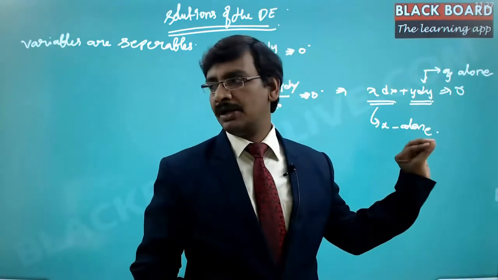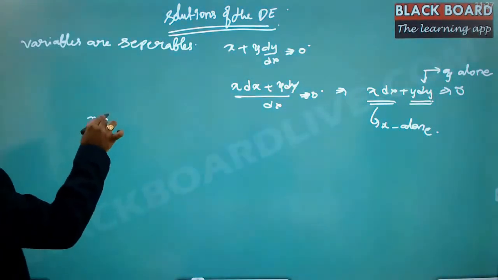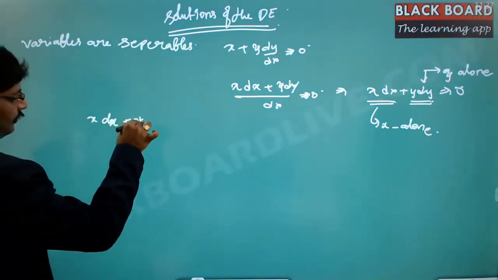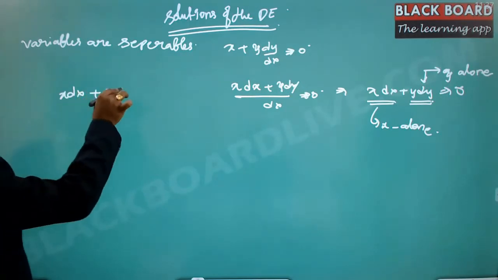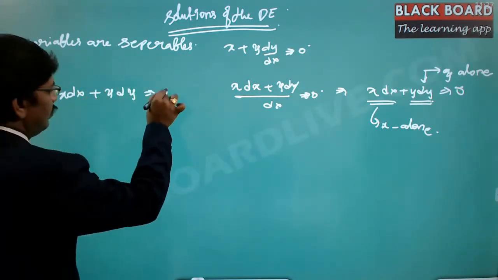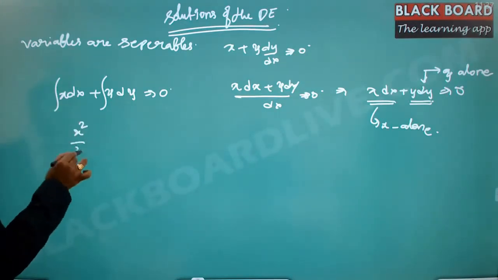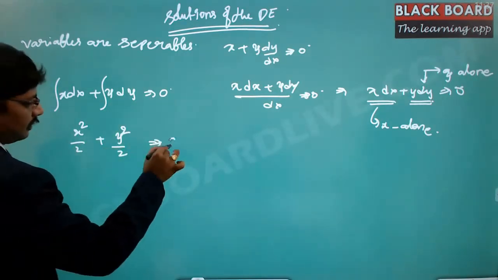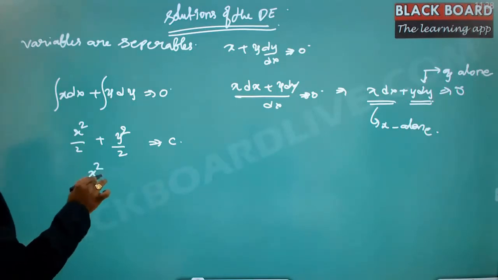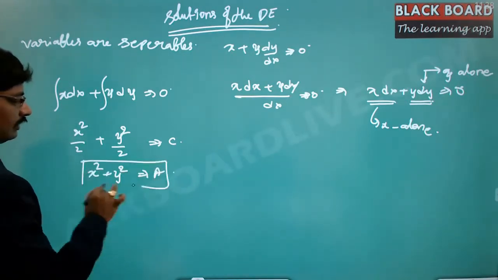Variables are separated now. Once you identify the separation, it is up to you how you want to do the integration. x dx plus y dy equal to 0. Now I can integrate it separately. So this is x square by 2 plus y square by 2 is equal to some constant, or x square plus y square is equal to the constant a, where a is equal to 2c.